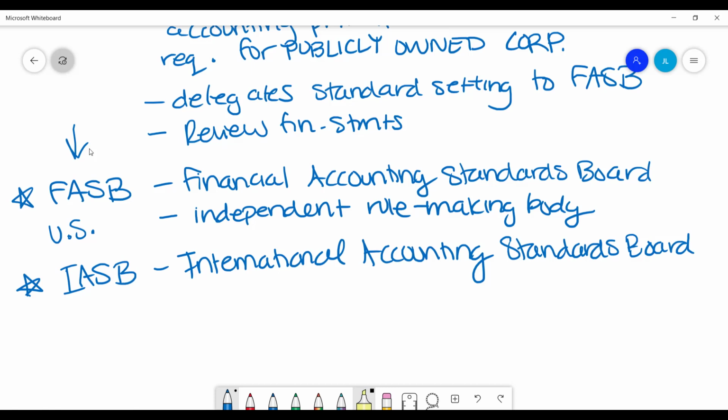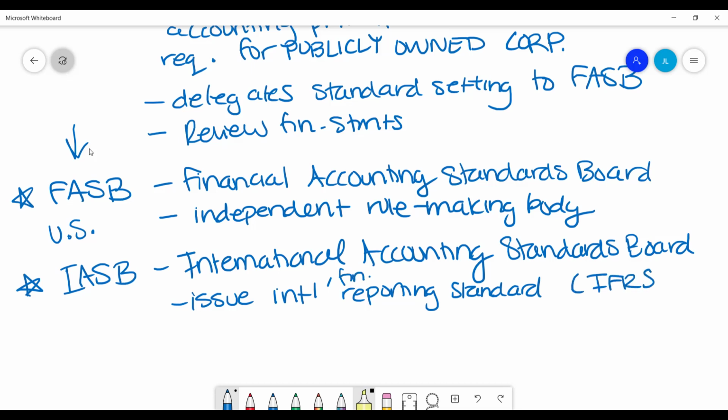Okay, they issue international financial reporting standards, which refers to IFRS. Okay, so where FASB is focused on GAAP, right, or US GAAP, so to speak, because GAAP really has a general connotation, IASB is going to focus on those international financial reporting standards.